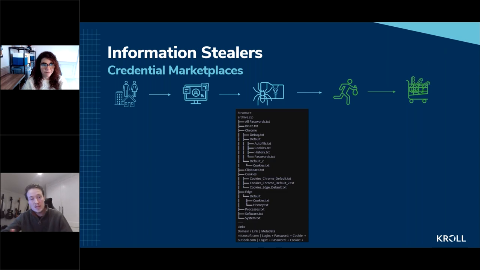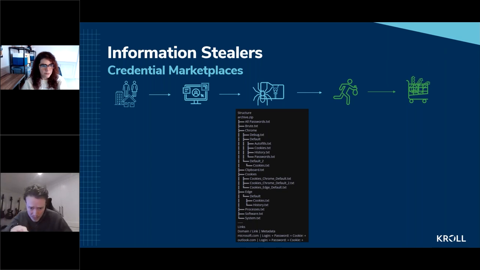There are other threat actors that specialize in parsing the logs. So this is an example of a folder structure from a machine that's been infected with a stealer. These actors will filter through the logs and understand how useful the data is, and then they'll hike the price up depending on how interesting they think it is.